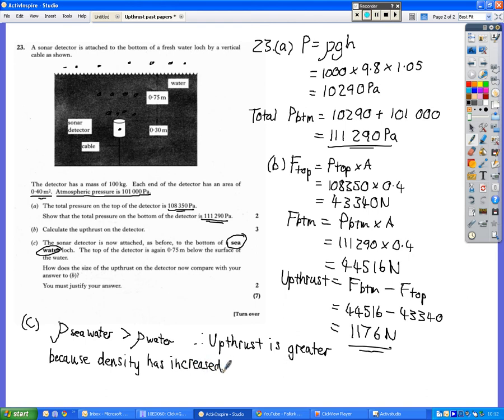And if density has increased, if we go back to the start of the question, if this number is going up, and g is always the same, and height has stayed the same as before, then this pressure is going to go up. So you're going to have a greater pressure on both the top and the bottom surfaces, and so a greater pressure difference, because density has increased, making the pressure difference larger.